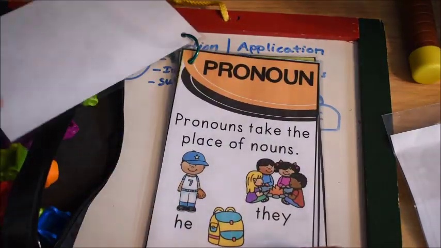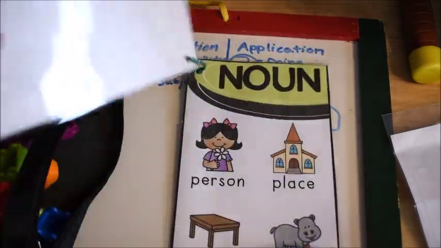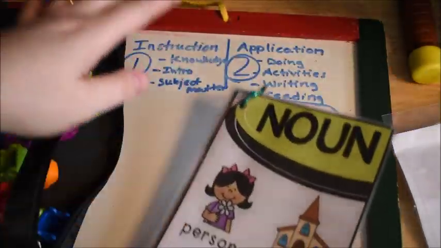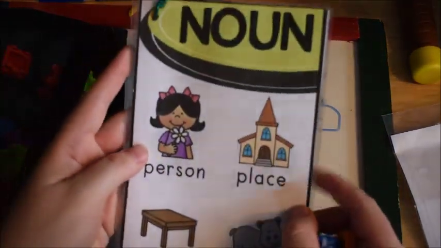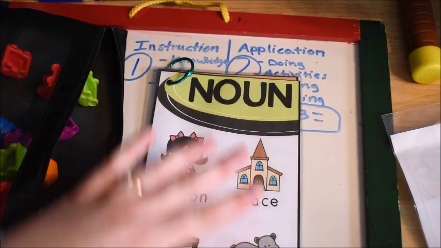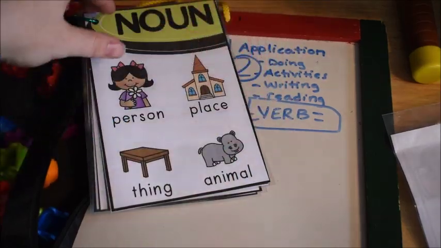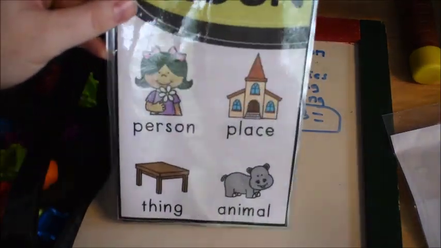You're going to do the same thing with pronouns. You're going to do the same thing with adjectives when you get there. But I'm just giving you that application piece, you can use these for your instruction when you first introduce the concept. So pull these out, and then pull these out again when your students are doing the activities, the application part. Pull these out again in case they need a reminder.